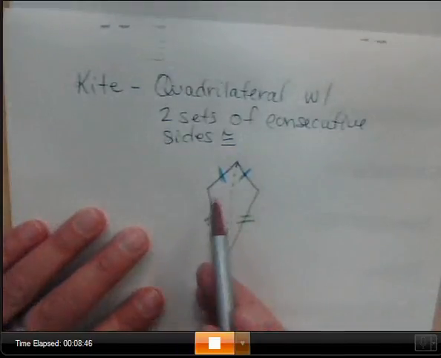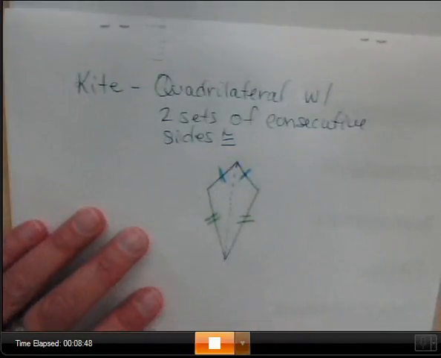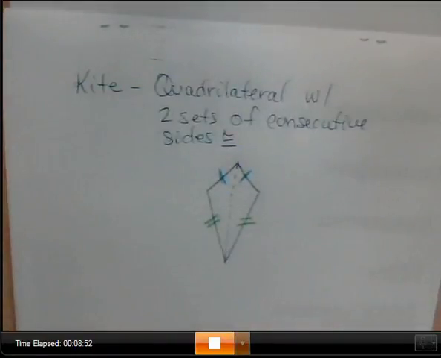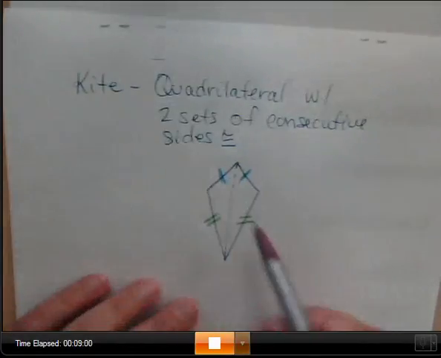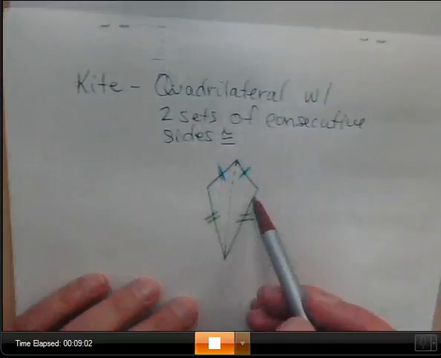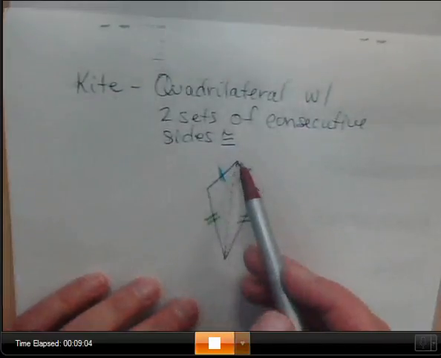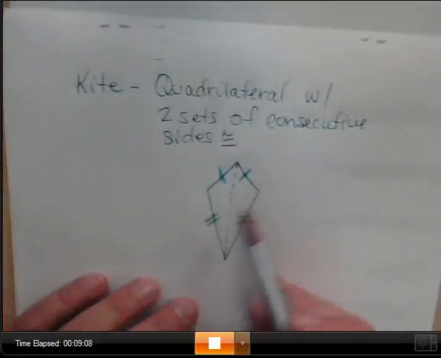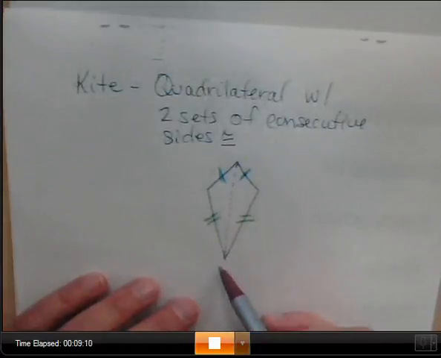First of all, let's look at the two triangles that way. Can we show that those two triangles are congruent? Yes. We've got a side and a side, and we have reflexive.